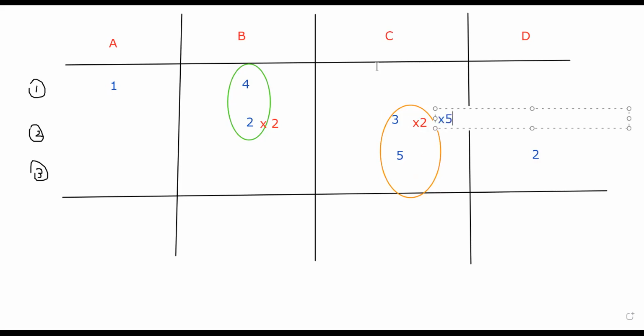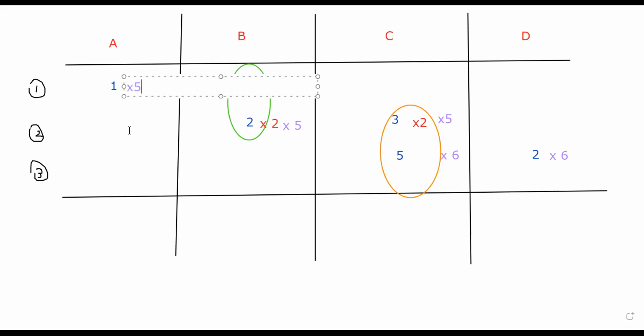The second one must be multiplied by 6. So in here, we also multiply by 6. But now, since we multiply the second equation by 5 for C, we also need to multiply by 5 for B. And if we multiply the second equation by 5 for B, we also need to multiply the first equation by 5 for A. So also A needs to be multiplied by 5.